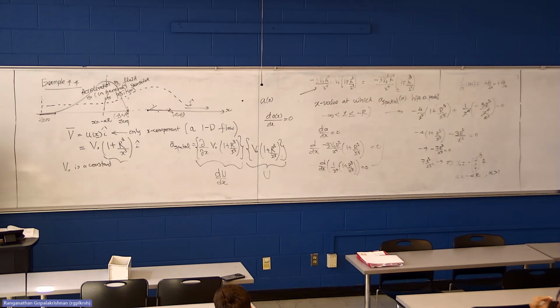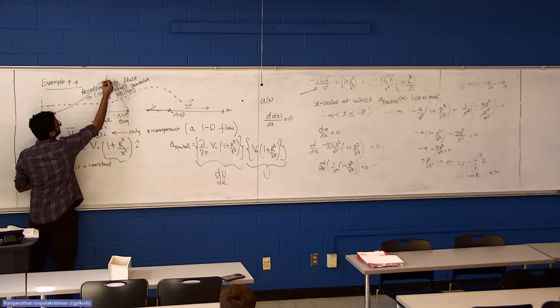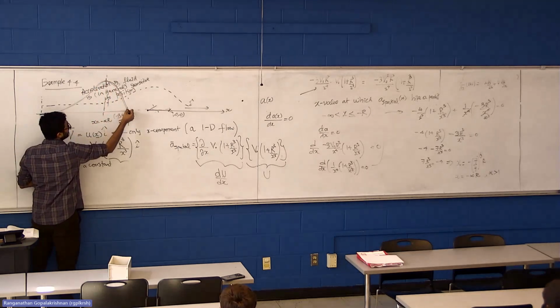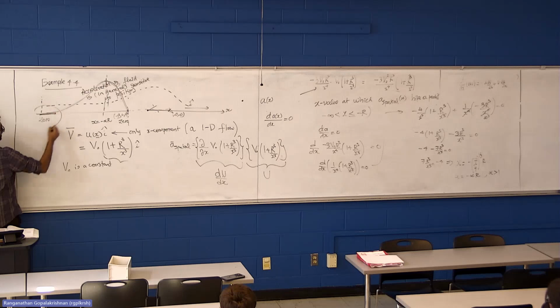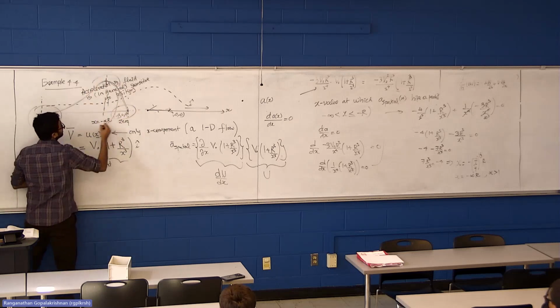I'm not worried about the exact number. All I want to know is the acceleration will hit a peak at a distance that is slightly ahead of the surface of the sphere. That would be this point. So I know the acceleration hits a peak here, and then it has to drop to 0. So I first predicted this, then this, then this.